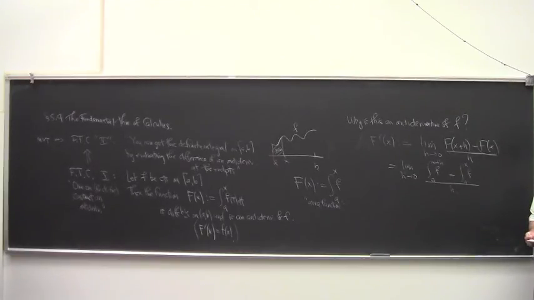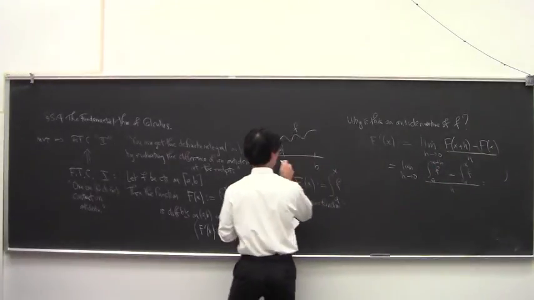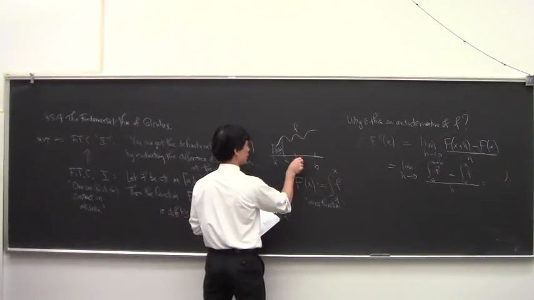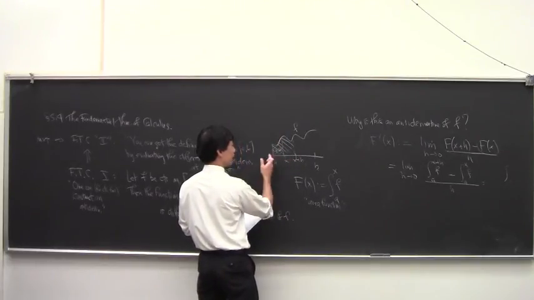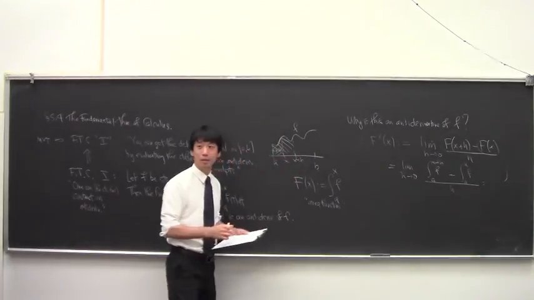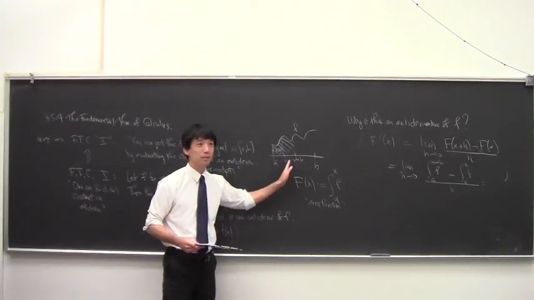Yeah, Victor. So when you take away the integral from a to x from a to x plus h, you're just left from h to x. Is that correct? Nope. We've got the integral from a to x plus h, we subtract out the integral from a to x, and we're left with the integral between x and x plus h.